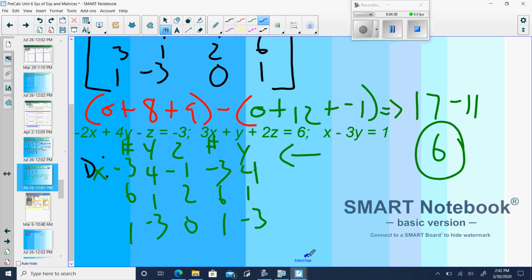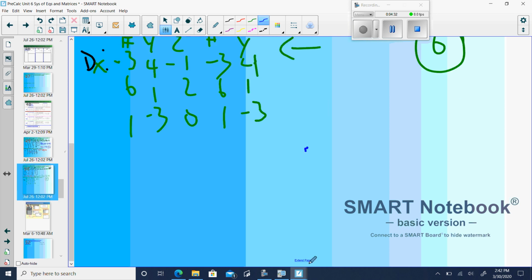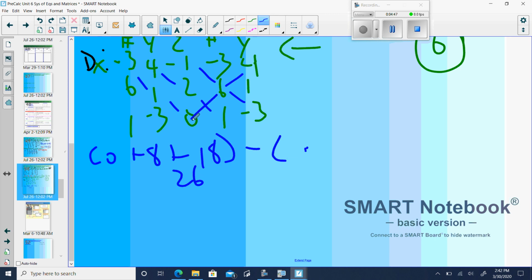So this is for dx. All right, so we're going to go from left to right. So we have 0 plus 8 plus. So 6 and 3 is 18. Negative times negative is positive. So 26 minus. We're going to go from right to left. So 0. So 3 times 2, 6 times 3 is 18.